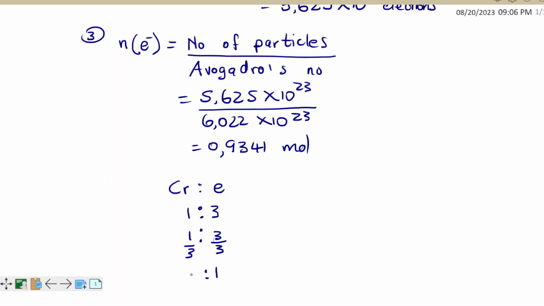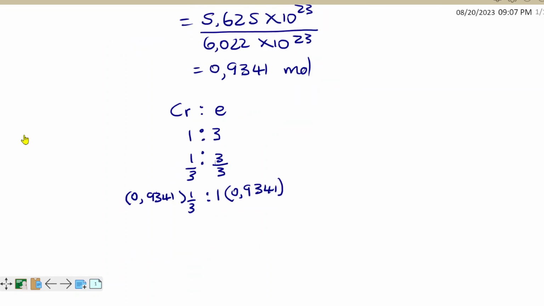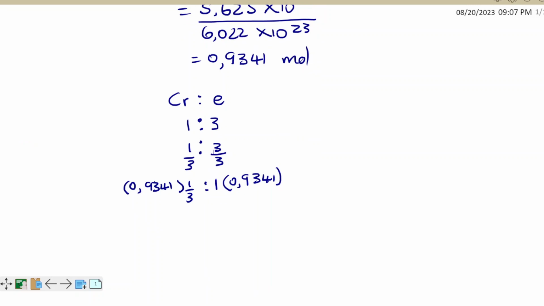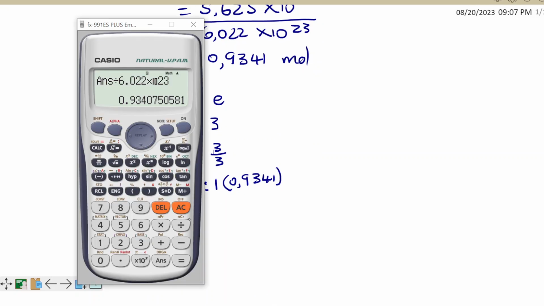Then we're going to have 1:1/3. So that means that the value that we have here, which is 0,9341, we're going to divide by 3.